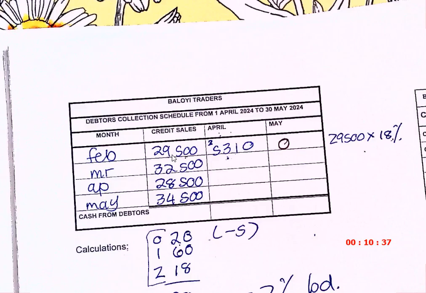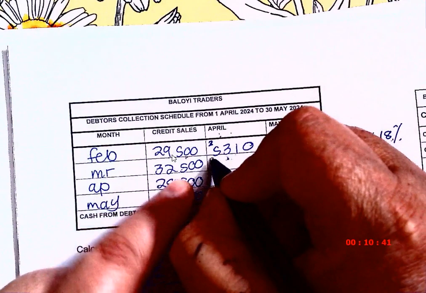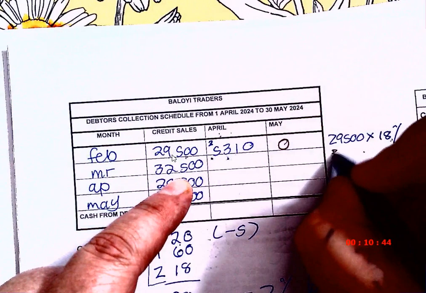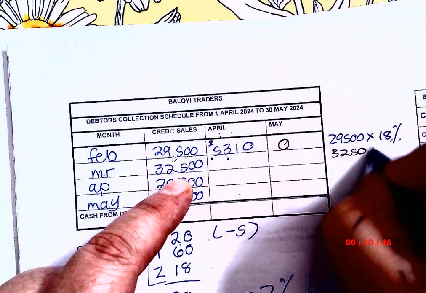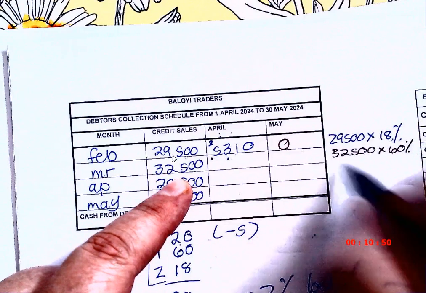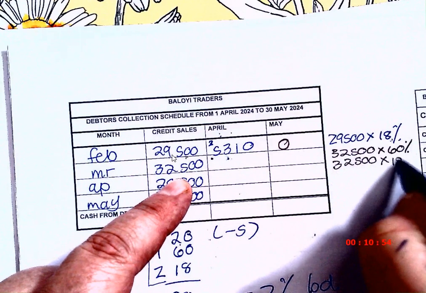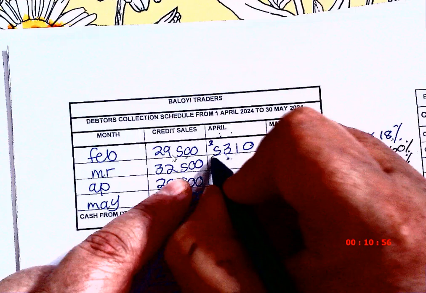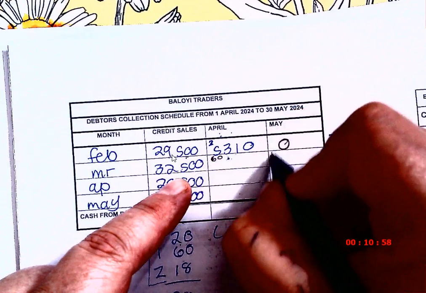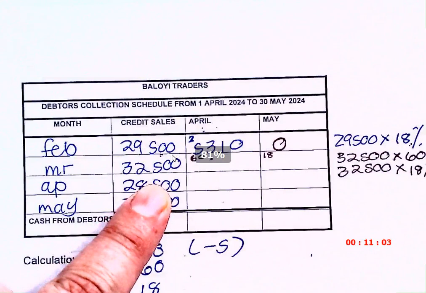So if I go here, March, April is going to be 60%. So I'm going to say 32.5 times 60% and 32.5 times 18, because this is 60 and this is 18. You guys with me? Starting to get it?